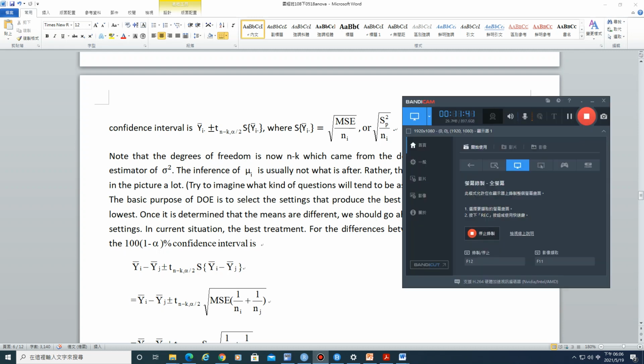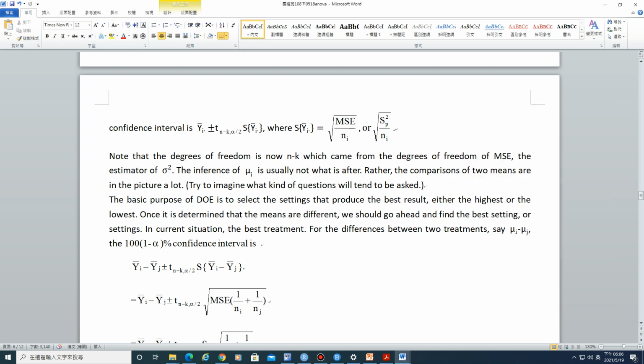But we want to compare to get the result, which is the largest and which is the smallest. So it is more of interest to us to compare the two. We want to establish the confidence interval between mu i and mu j, any pair of the means.